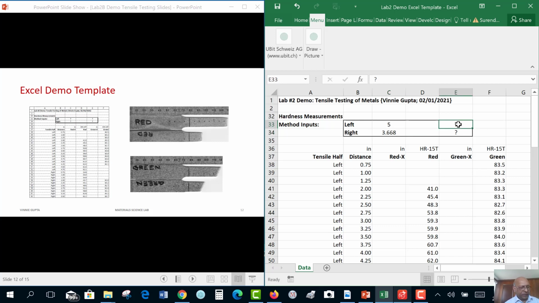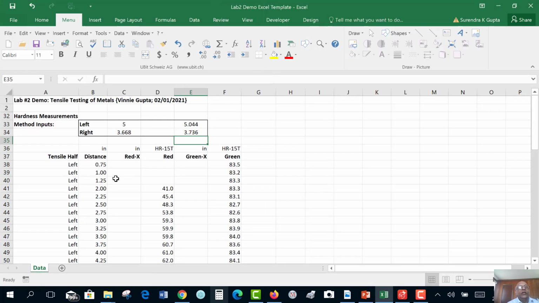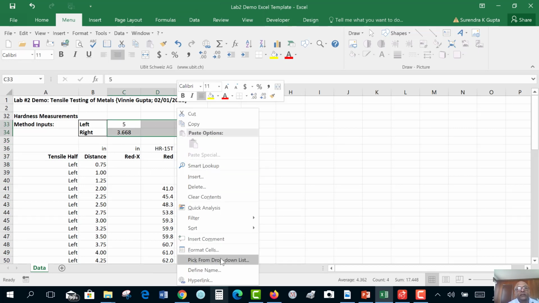For the green sample, left is 5.044 and right is 3.736. Okay, so I have red, I have done green. So let's start processing. So I am going to maximize this.